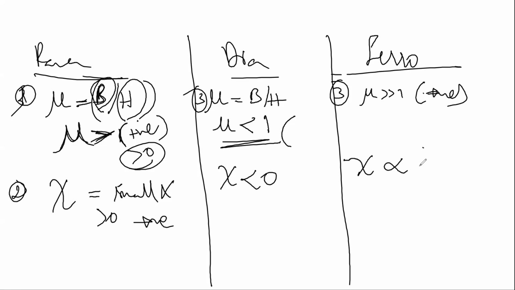And here, what is happening? Susceptibility is inversely proportional to the absolute temperature. What is this temperature called? Curie temperature. Now at the Curie temperature, the ferromagnetic substance becomes paramagnetic substance.